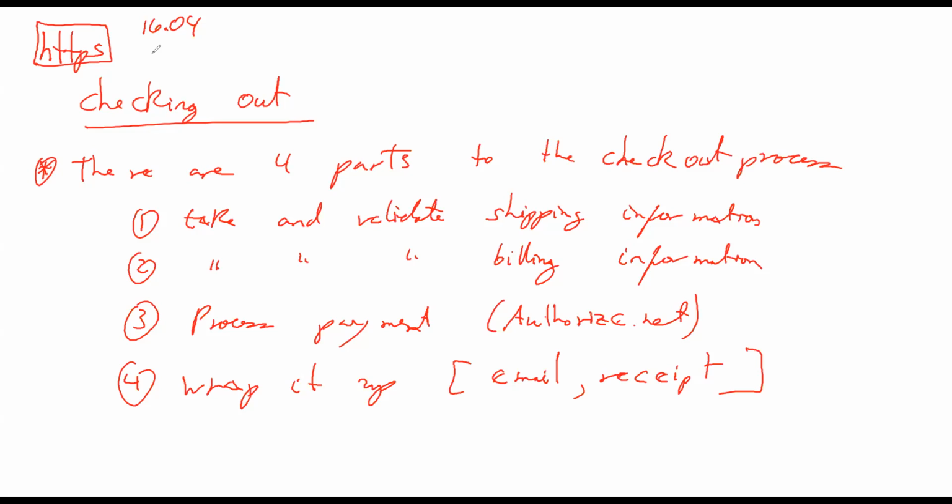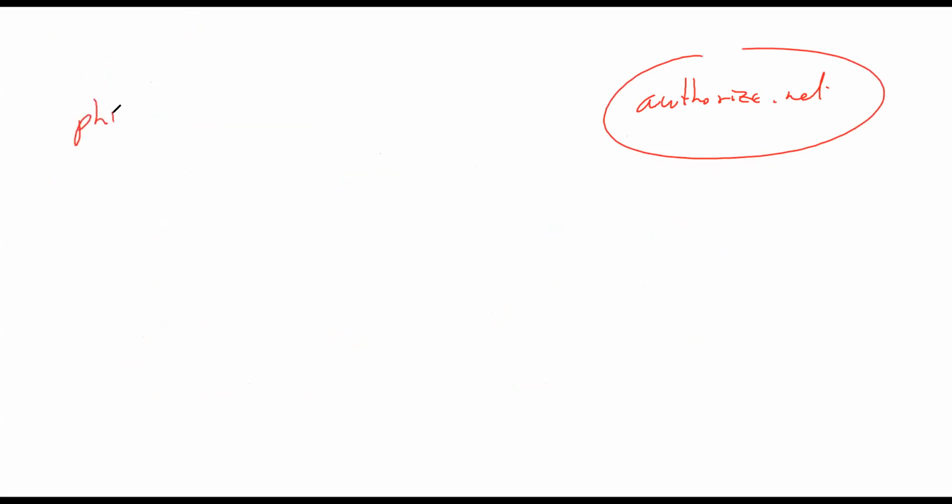So let's talk a little bit about this one. To communicate with authorized.net, you're basically going to do that from PHP. Authorized.net is literally a website somewhere. You're going to have to create an account, and write some lines of code in your PHP that get you to authorized.net.